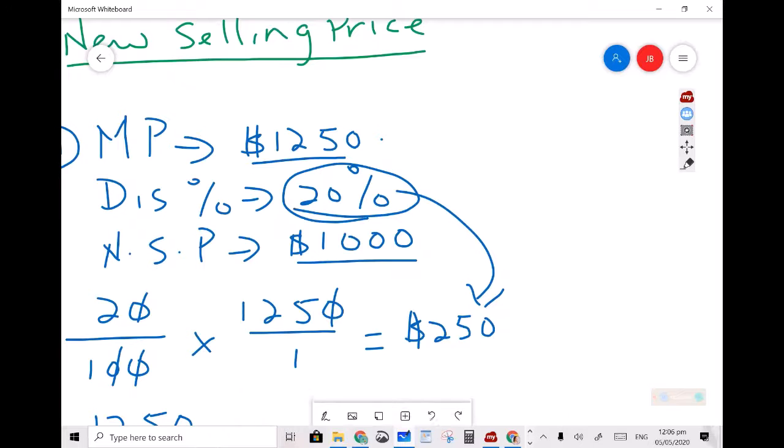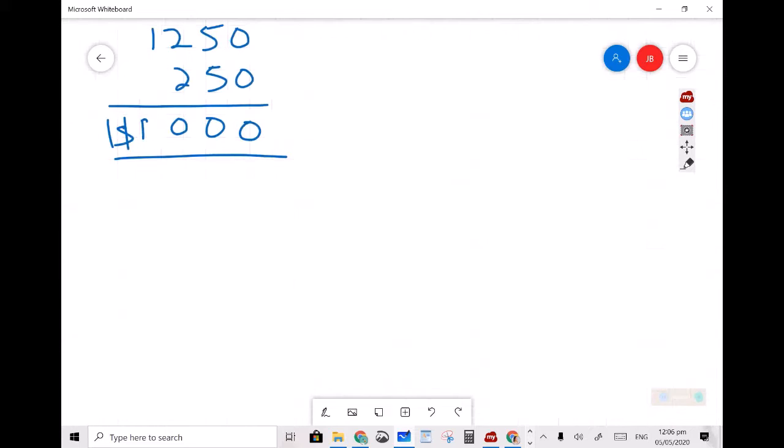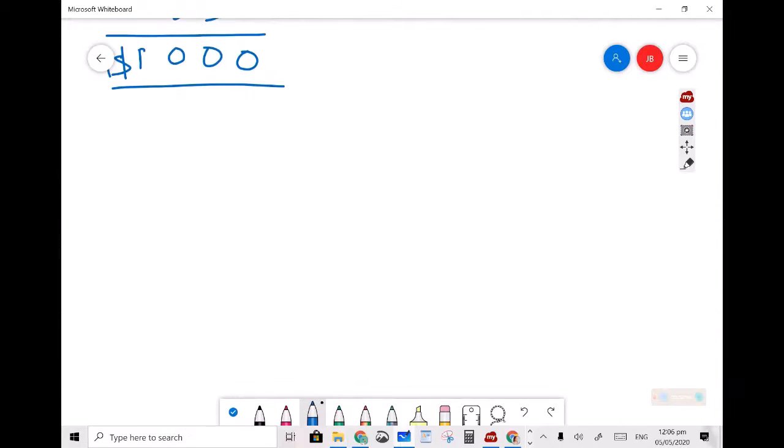Okay, so let us look at another example. Example 2. And for this question, we're going to take into consideration what we should have learned, which is our conversions.